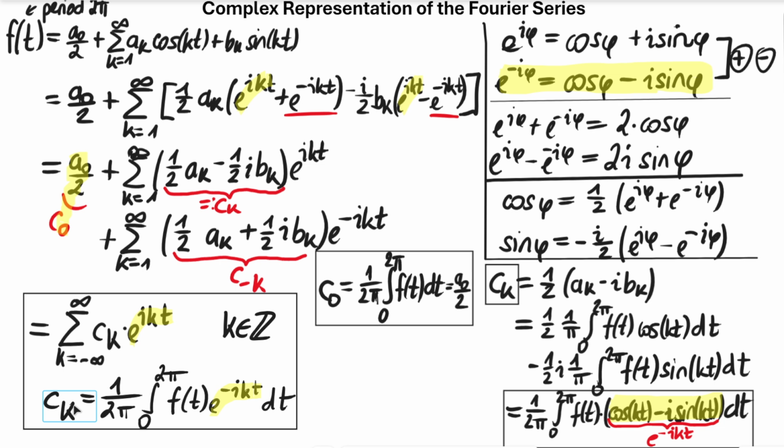The larger the magnitude of c_k, you know c_k is probably a complex valued number, so you need to compute the magnitude in order to see. The larger the magnitude of c_k, the more significant that frequency is. If the magnitude of the c_k is small, that frequency plays a minor role.